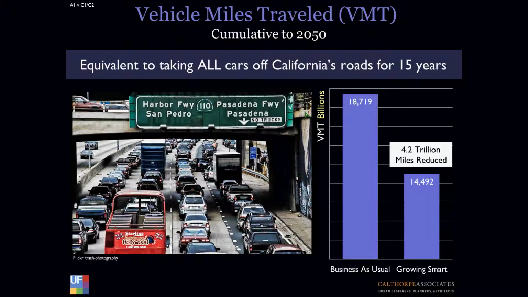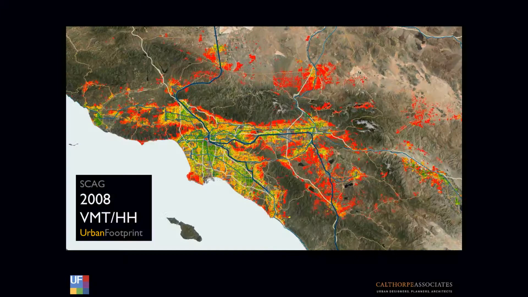Of course, VMT is a really critical metric, and we always have our fun facts up there. You can see huge differences, more than 4 trillion miles reduced over the period to 2050, and that obviously has a huge impact on a whole rippling array of indicators, and I'll show you a couple more of those. Here's just a visual of that. This is the baseline 2008 vehicle miles traveled per household in the Southern California region.